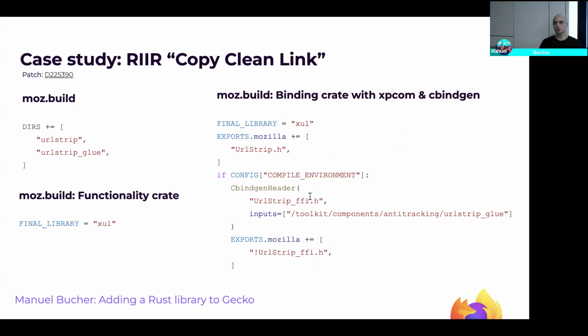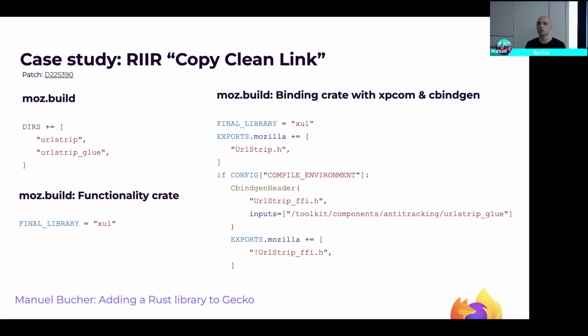For this experiment, I took a look at re-implementing the copy clean link feature in Rust, which is in the context menu when you right-click on a link that has query parameters. It is a small, self-contained library which doesn't need a dependency on Gecko itself. And if you have such a library, you usually want to split it up into two crates: one for the functionality and one for the bindings to Gecko.